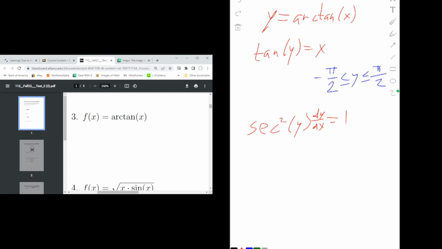All right? Solving for dy dx, we get that y prime is 1 over secant squared y. But secant is the reciprocal of cosine, so 1 over secant squared is literally just cosine squared y.